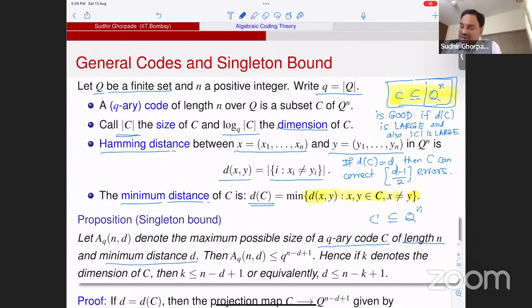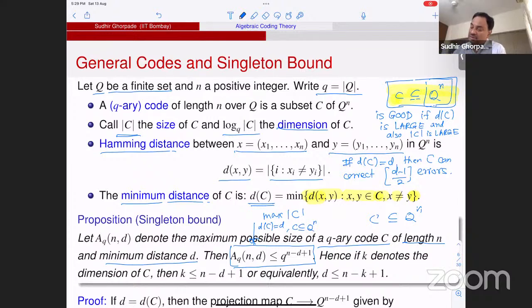Then it says that the maximum size of the code that you can construct with that minimum distance is at most q^(n-d+1). I translate this result in another way. In other words, this A_q(n,d) is the max of the cardinality of C, where the minimum distance of C is d, and C is contained in q^n.